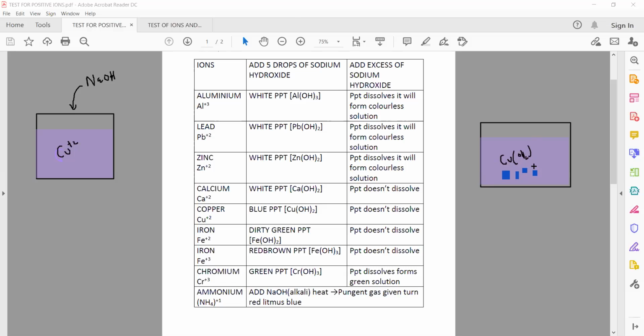Whenever a solid is formed in the solution, we use a specific term for this solid. We call this a PPT, or precipitate. So it will form a blue precipitate. And in excess, meaning if I continuously add or add too much sodium hydroxide, the precipitate will not dissolve.